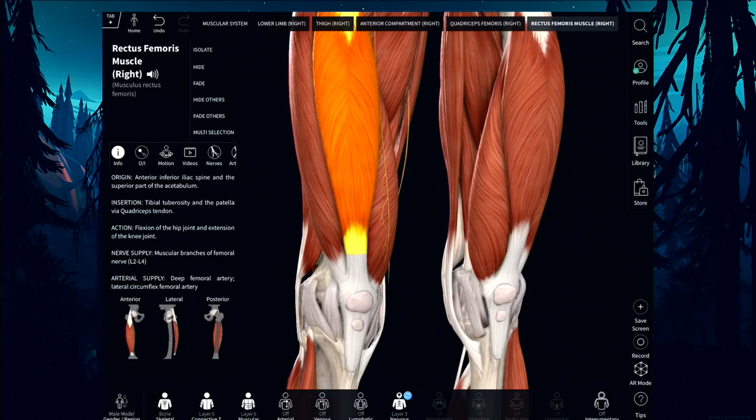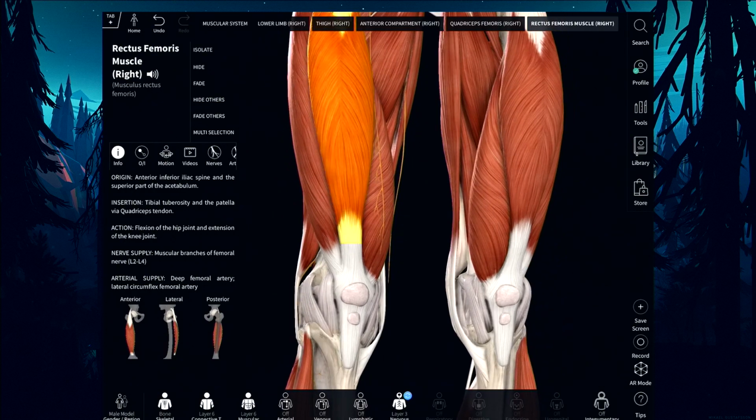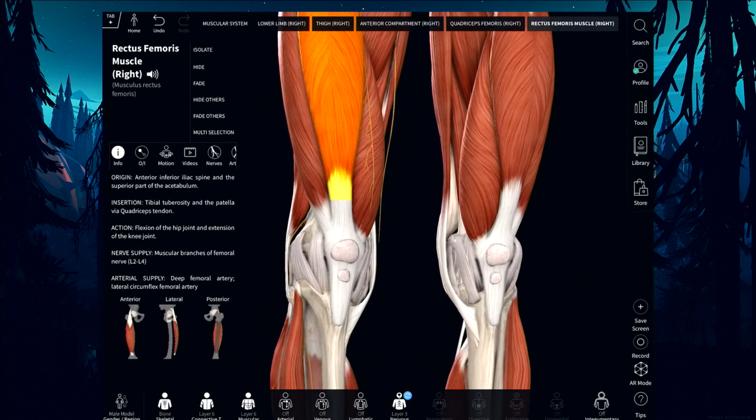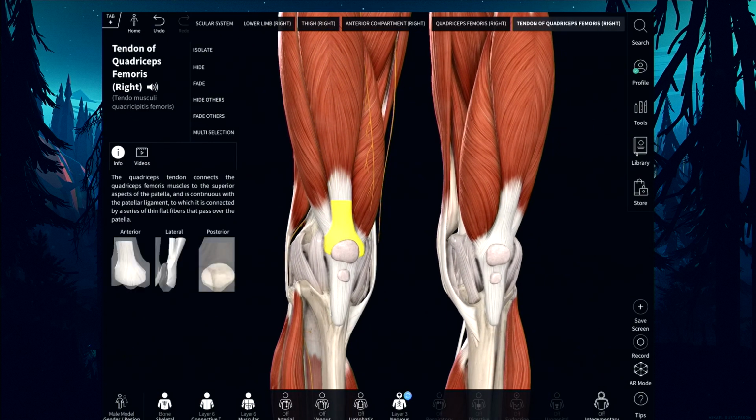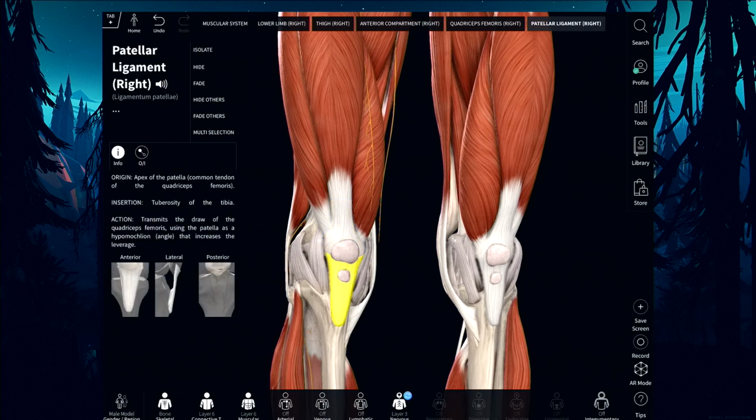All of the muscles of the quadriceps insert through the common quadriceps tendon, which we talked about yesterday, covers the patella, and merges into the patellar tendon, inserting on the tibial tuberosity. All four heads of the quadriceps do this. So we've got that out of the way.